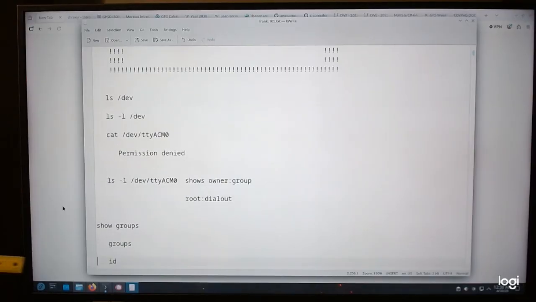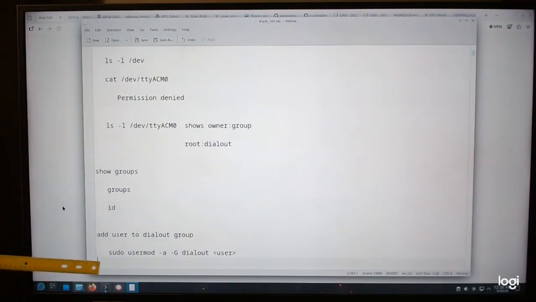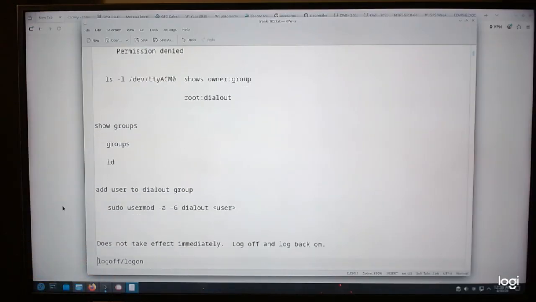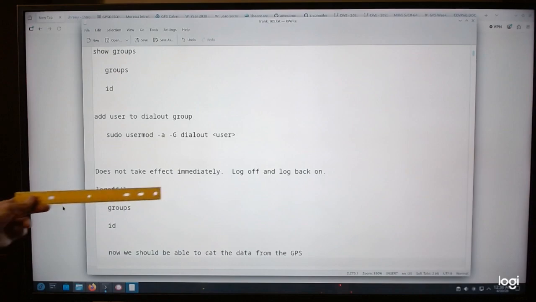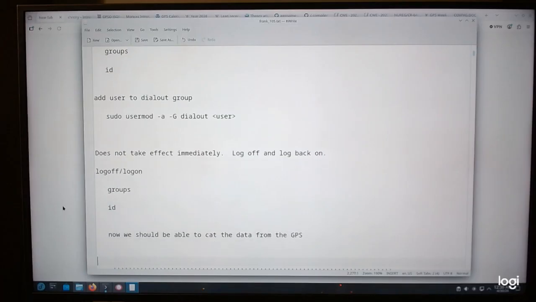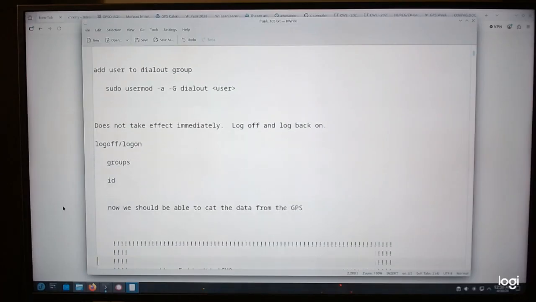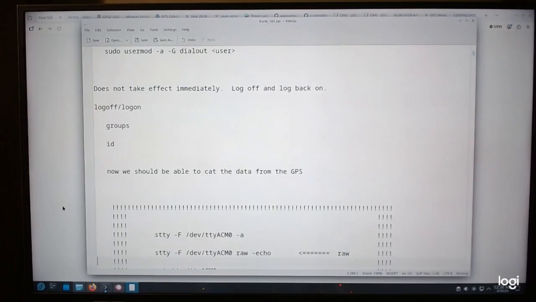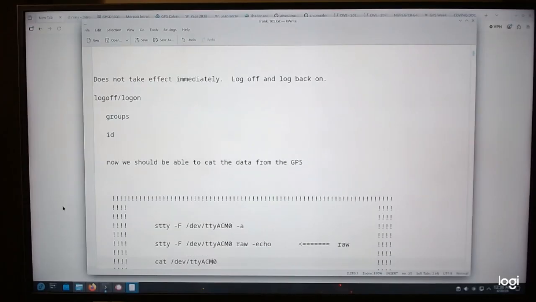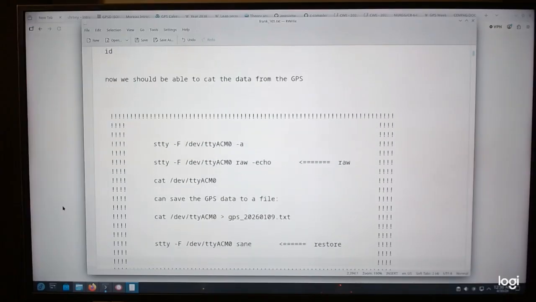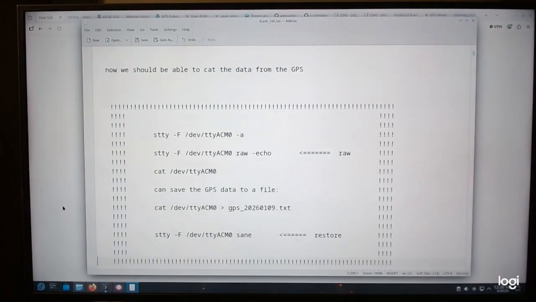Otherwise, you've got to add yourself to the groups, and you have to log off and log back on to make those groups apply. They don't apply to the current session.